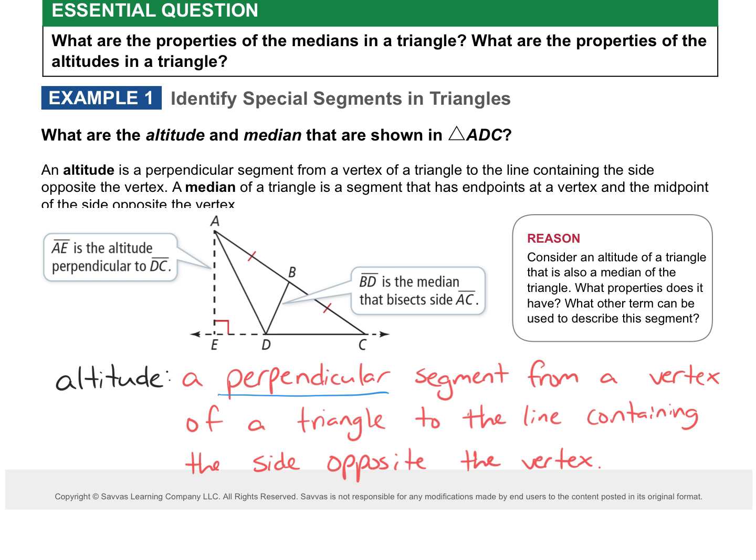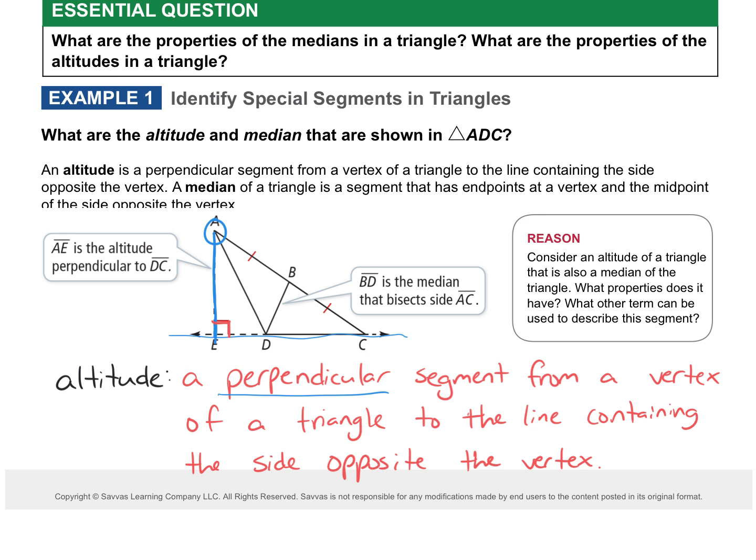So the definition says from a vertex, I'm going to say A, to another side, extended over here to the opposite side, creating this 90-degree angle. That is an altitude, creating that right angle.